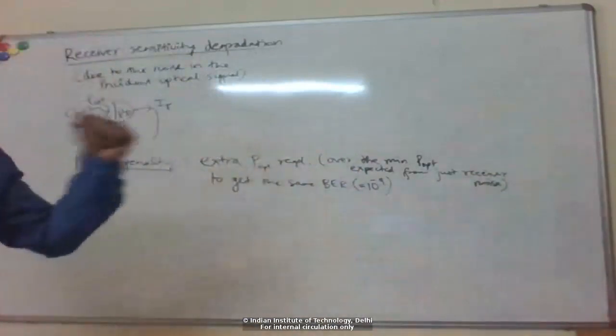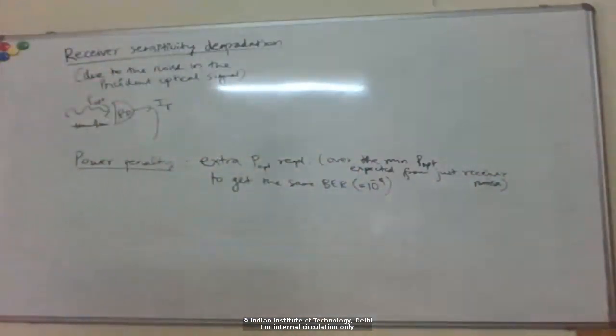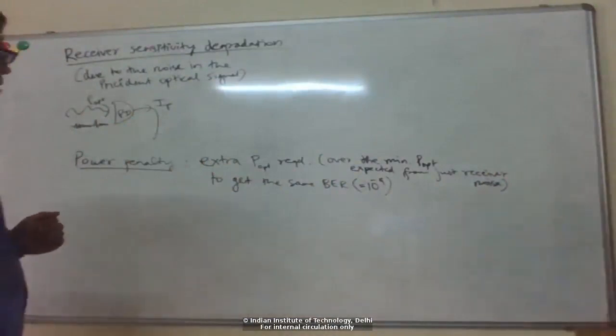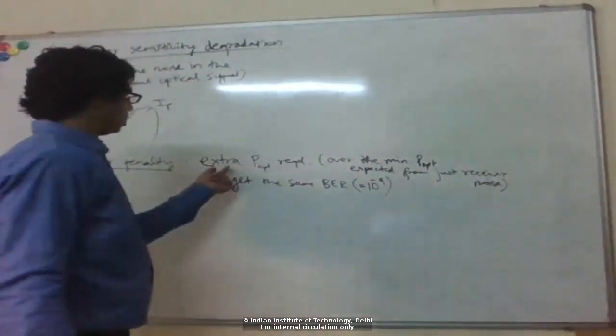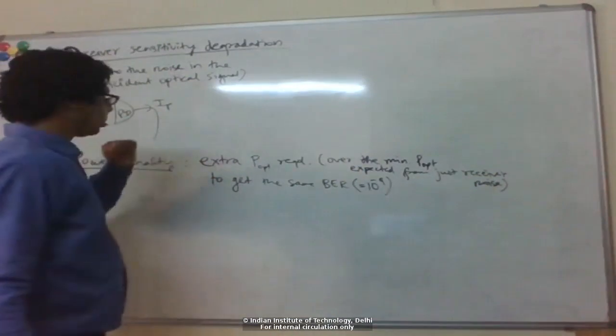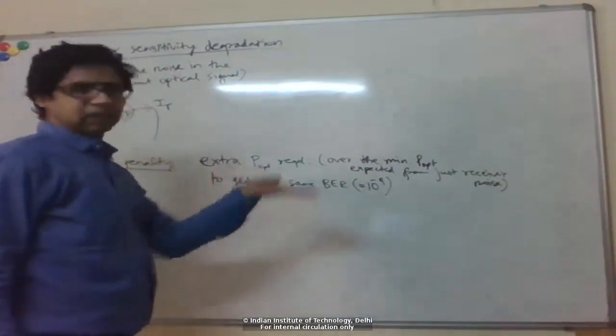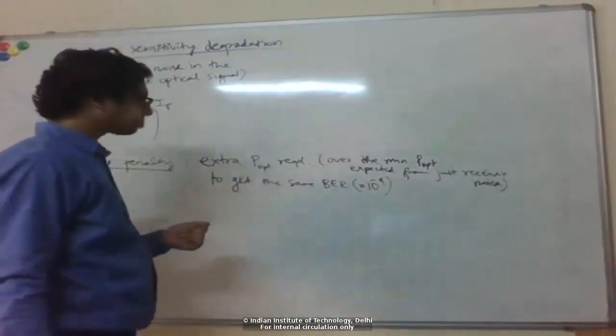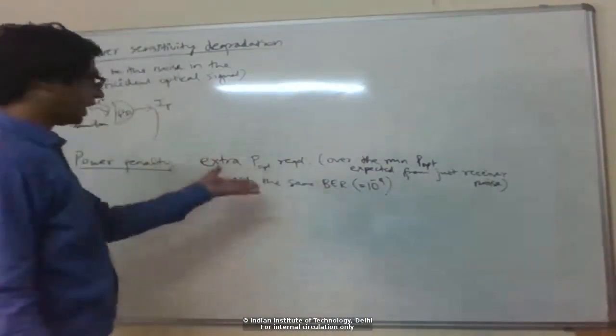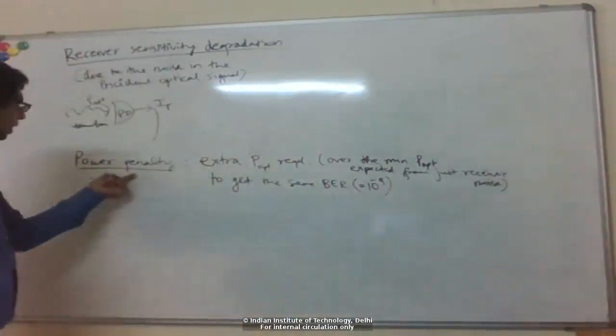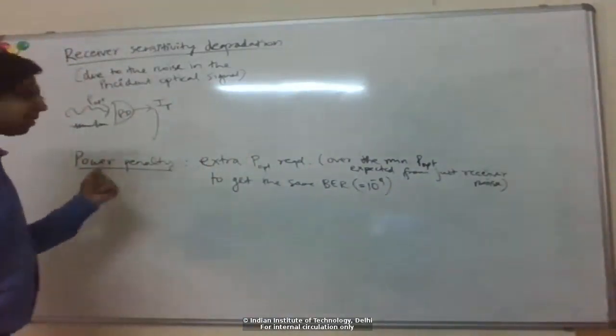So we just discussed how we compute the receiver sensitivity, taking into account the noise source at the receiver. But now, if we have some noise in my incident optical signal, then I need some extra power beyond that to get the same BER. The extra power that is needed is what is called the power penalty.